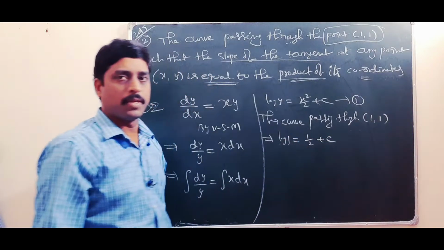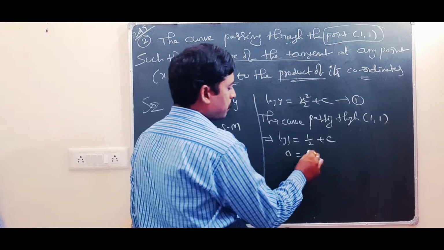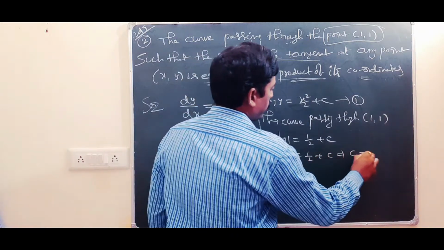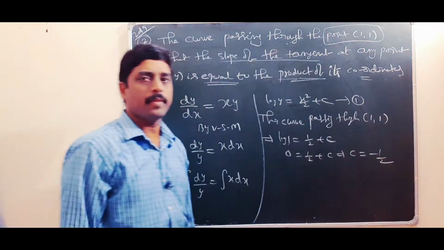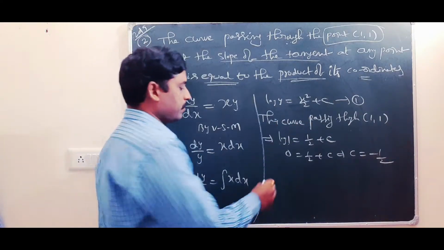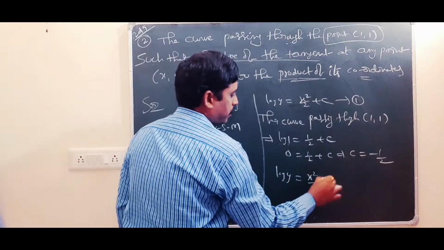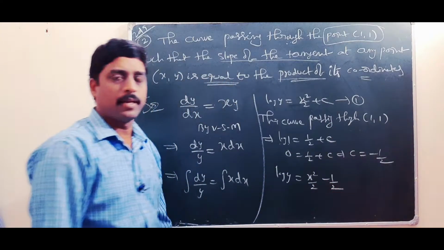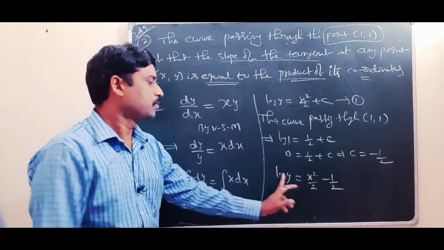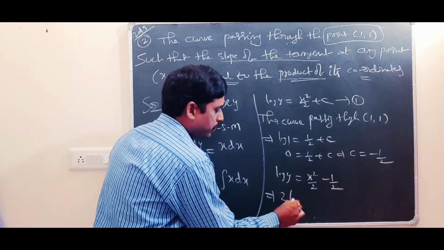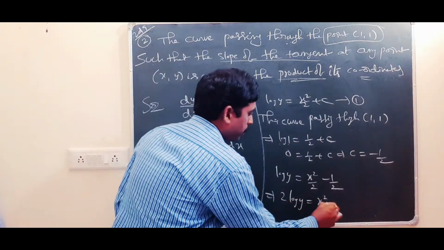Log 1 value is 0. So 0 equals 1 by 2 plus c, so we get c equals minus 1 by 2. In equation 1, x square by 2, where c is, we should write minus 1 by 2. Let us do the LCM. What is the LCM? 2. So 2 log y is equal to x square minus 1. This is the answer.